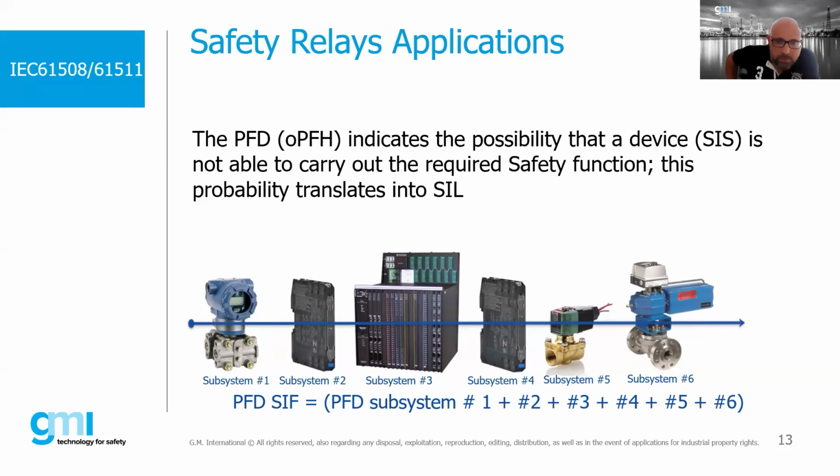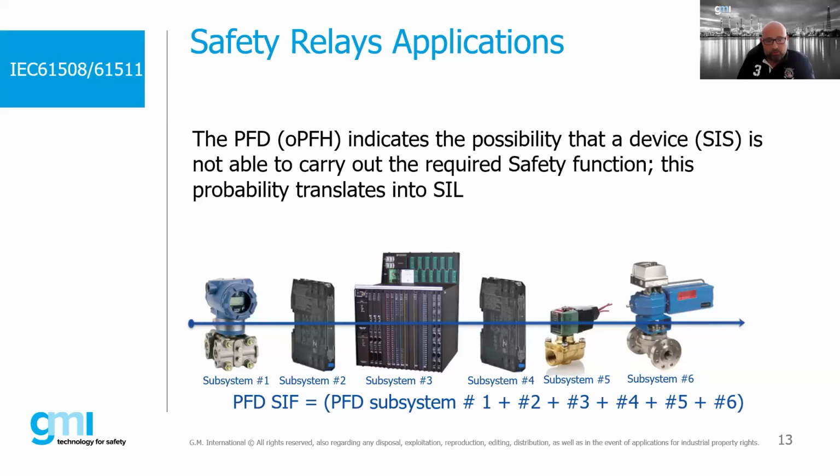Sorry. So the first concept that we need to introduce today is the concept of safety instrumented system, which we'll refer to as SIS. What is it? It is a set of subsystems that makes the safety loop. Within the safety loop, we have field devices such as transmitters or sensors, which allow us to control, detect, and measure different variables in the field, such as temperature, pressure, or any other.